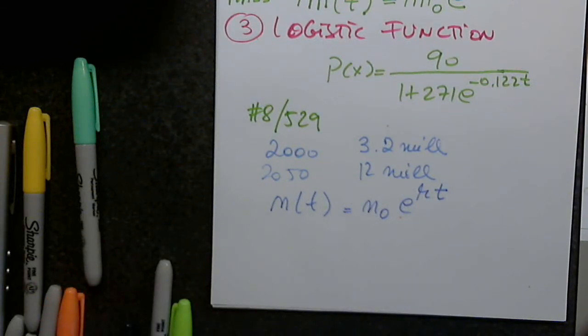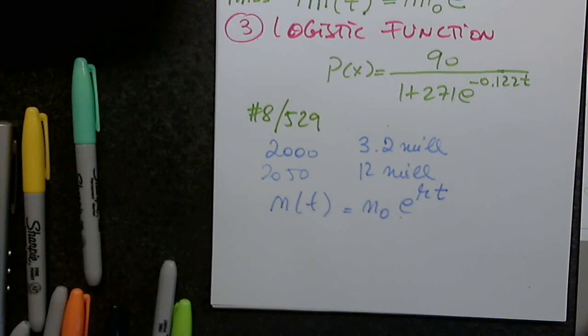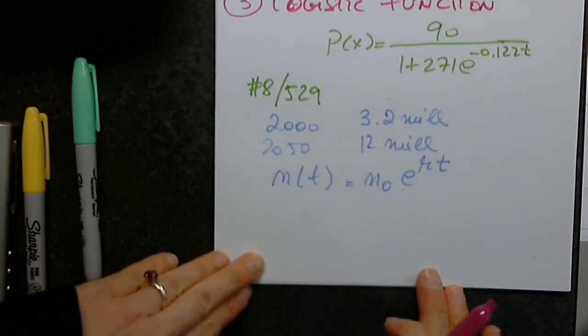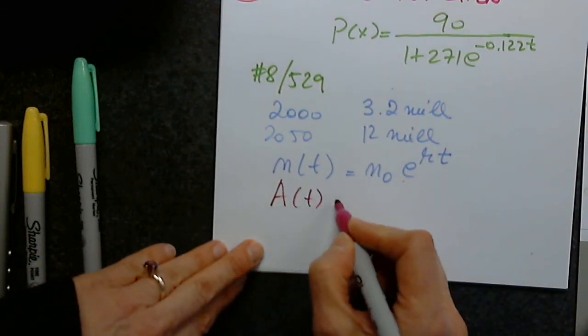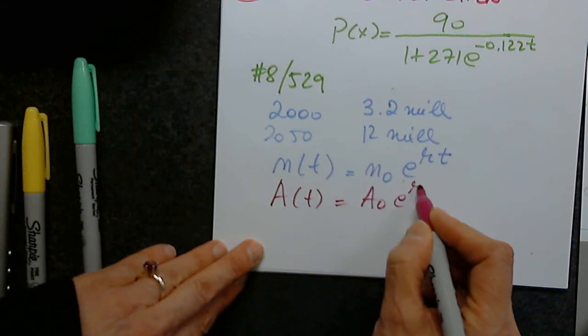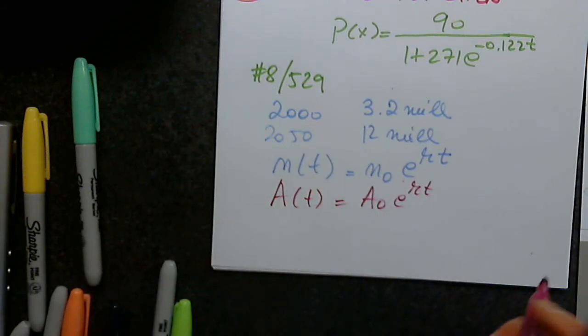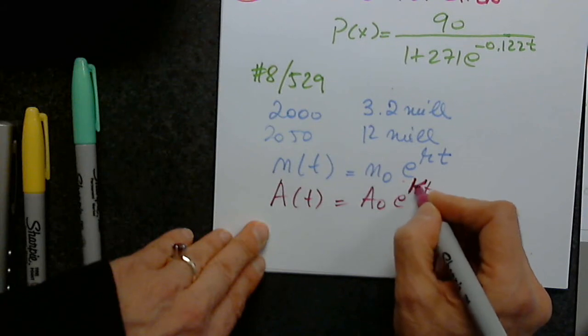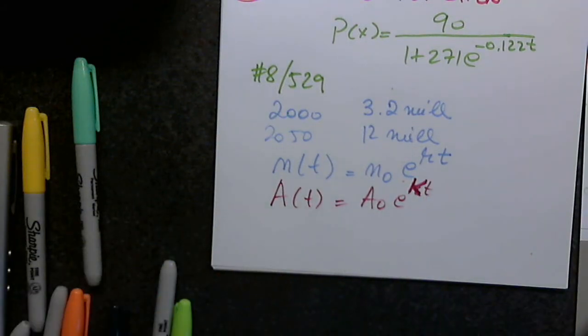Now be careful because my math lab will definitely use the notation in the book. Let me show you the notation in the book. Do they use R? No, they use K. Everything is the same. So this is the amount, or number, instead of N. This is A0 instead of N0, the initial number.